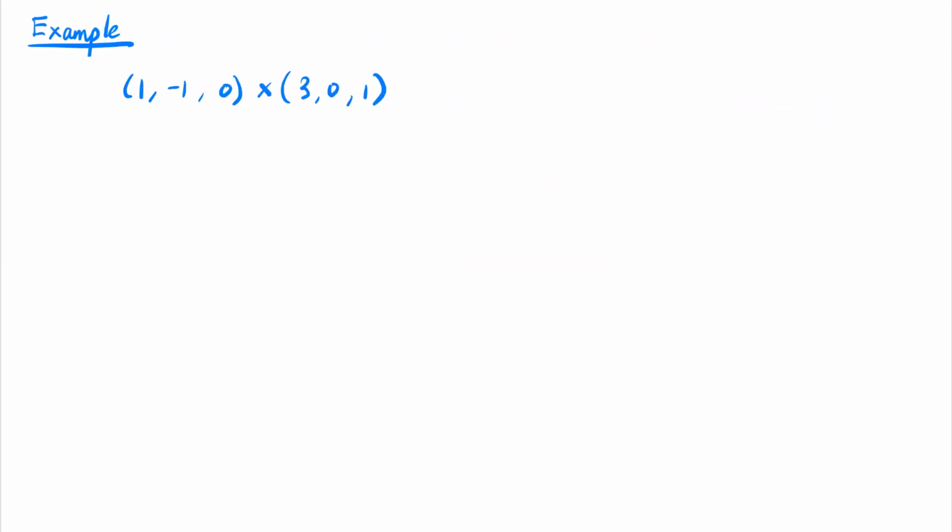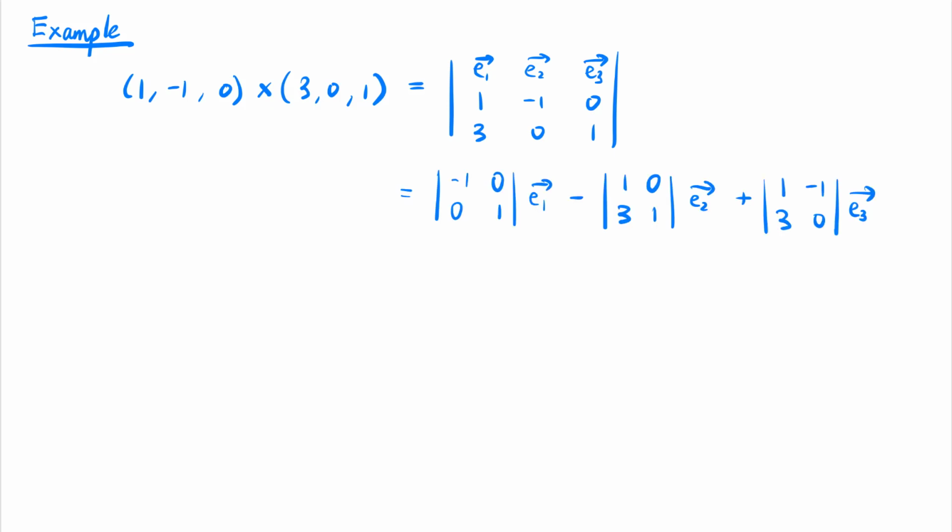Let's look at an example. The vector product of (1, -1, 0) and (3, 0, 1) equals the determinant of E1, E2, E3; 1, -1, 0; 3, 0, 1, which equals the determinant of (-1, 0; 0, 1) times E1 minus the determinant of (1, 0; 3, 1) times E2 plus the determinant of (1, -1; 3, 0) times E3, which equals the vector (-1, -1, 3).